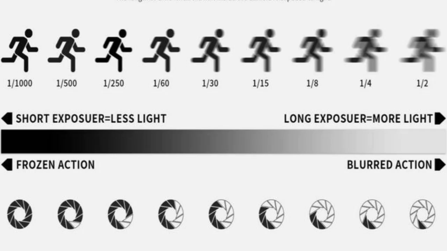So fast shutter speed is used for fast moving objects like a moving car or sports, while slow shutter speed lets in more light and causes motion blur. So while using slow shutter speed, make use of your tripod for extra stability.